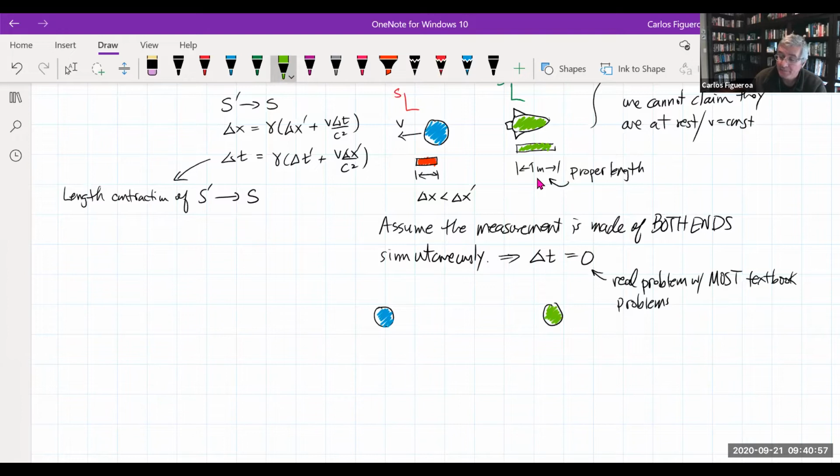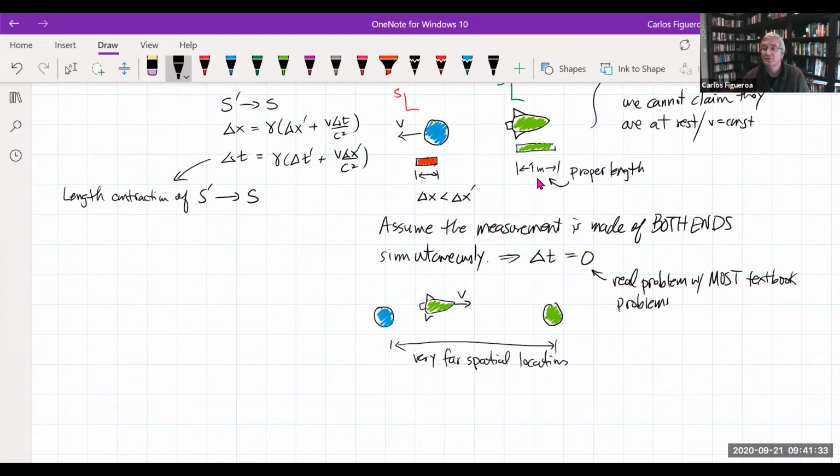Okay? So now what you're finding here is that you have the spaceship that's moving. And as the spaceship is moving in this direction here, what we have to worry about is the length contraction between these two very far spatial locations.